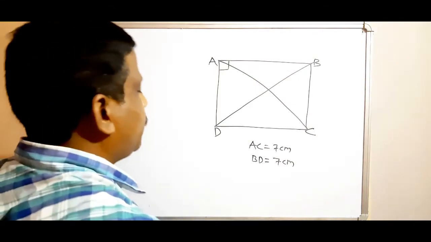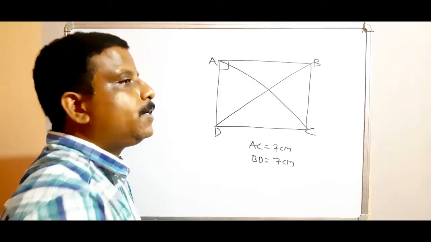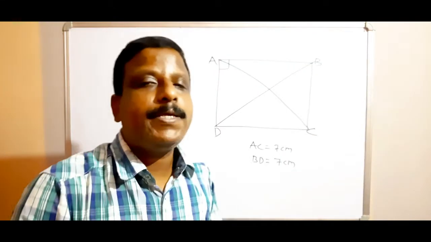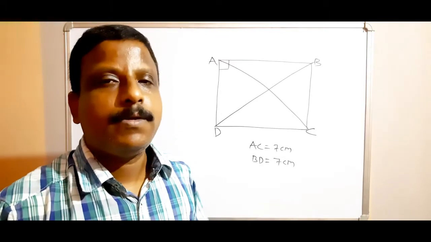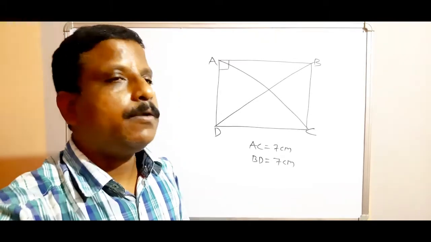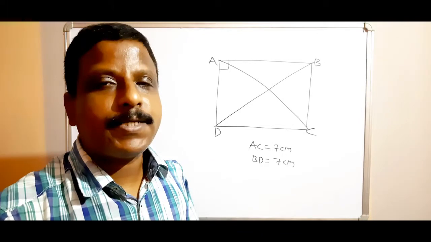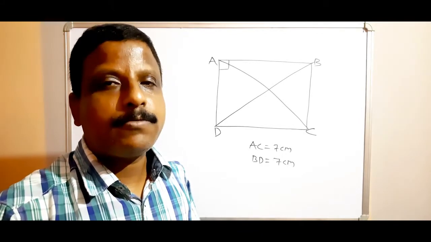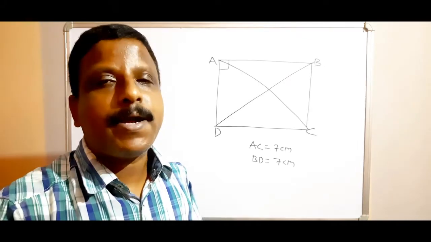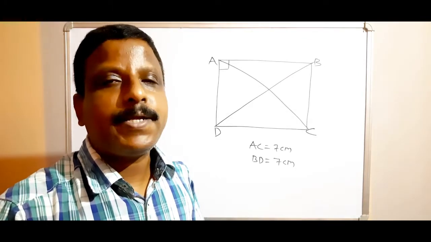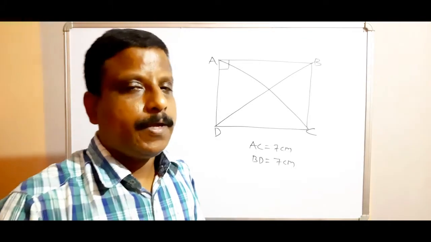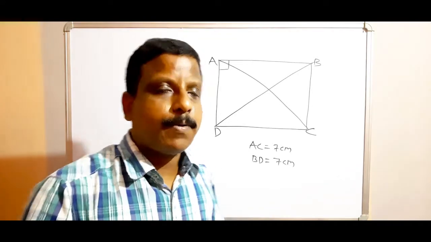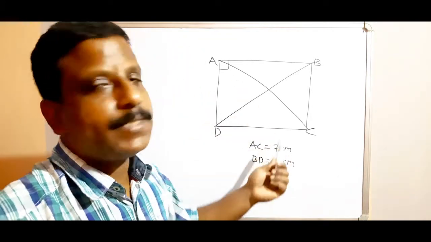Clear? And remember, a rectangle satisfies all the properties of the parallelogram. Why? A parallelogram may or may not be a rectangle, but a rectangle is a parallelogram. That's why a rectangle satisfies all the properties of a parallelogram. In a parallelogram, I have told you one property, diagonals bisect each other.